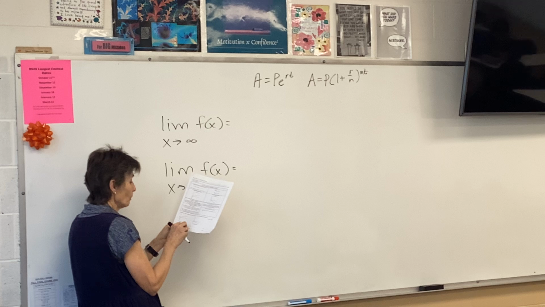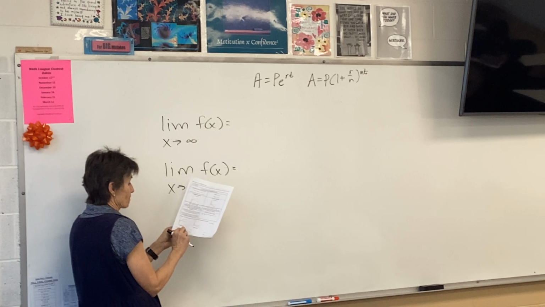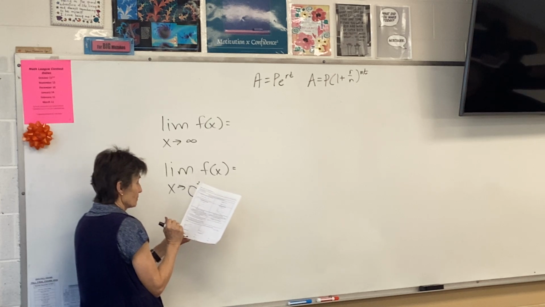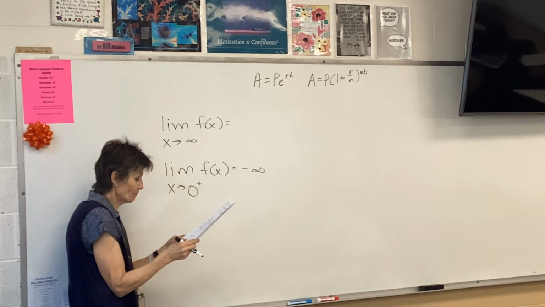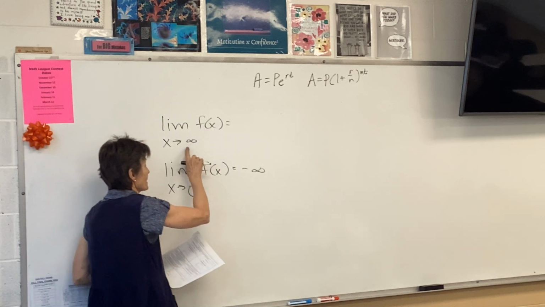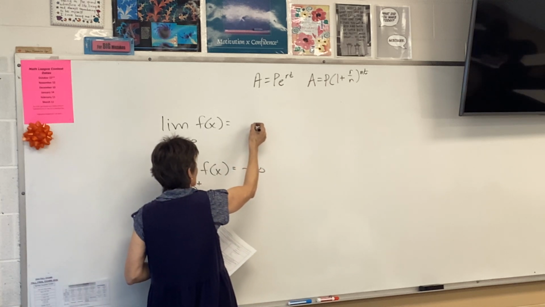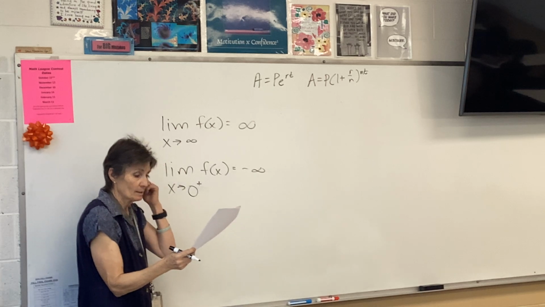I'm looking at example 1, picture A. What's my end behavior on the left? Where's that curve going? Negative infinity. Yep, let's speak up, guys. We should be awake by now. And then what is it on the right side? What's happening that way? Positive infinity, absolutely.